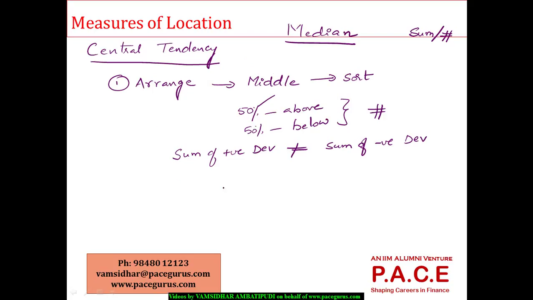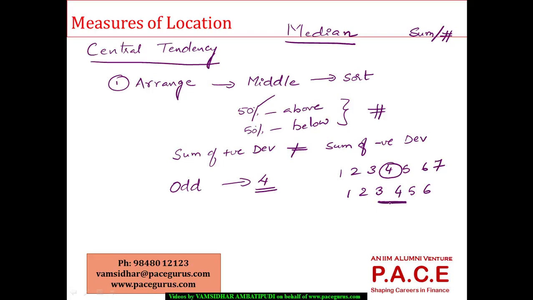Now here comes the case if there is an odd number of observations. Let's say I have 1, 2, 3, 4, 5, 6, 7 as the numbers, arranged in ascending order. The median is the middle value, so I'll simply say the median is 4, which is exactly the middle in the sorted order. But if I have only 6 numbers, 1, 2, 3, 4, 5, 6, now I have 2 middles, right?